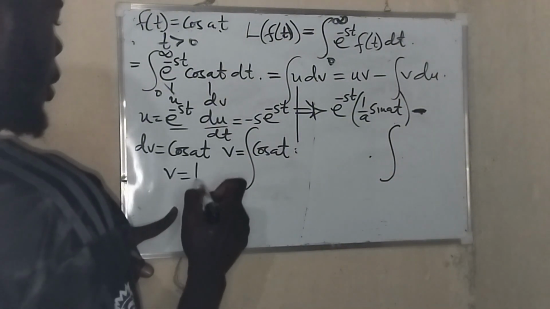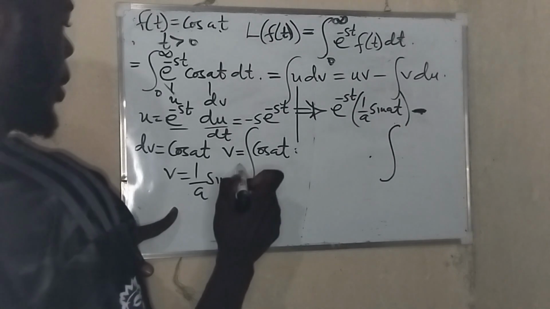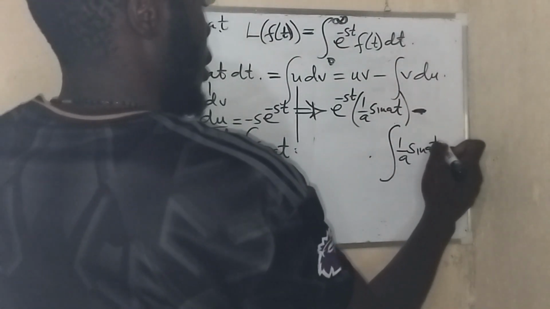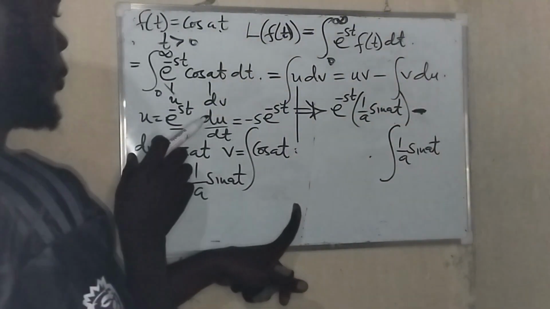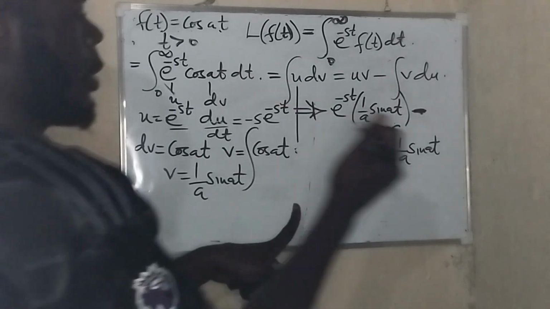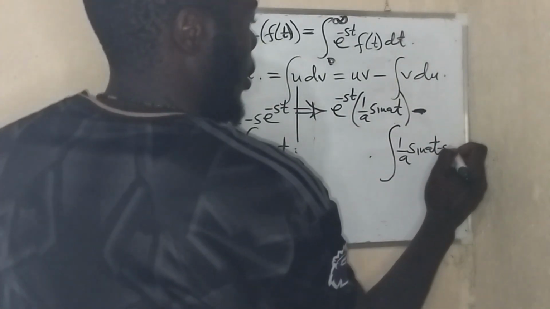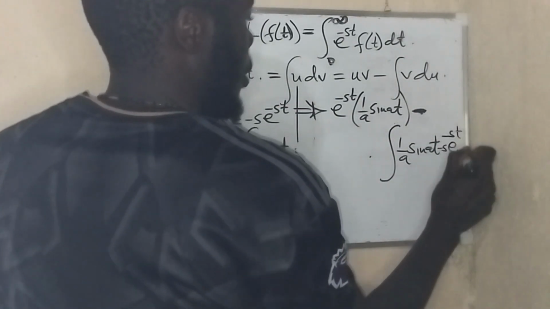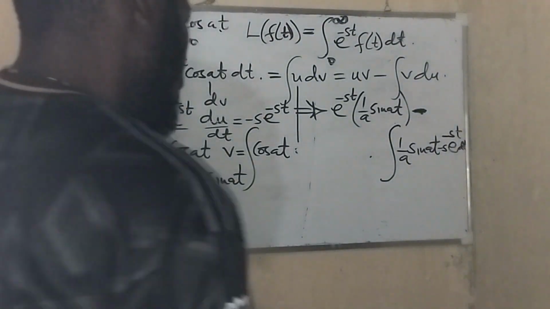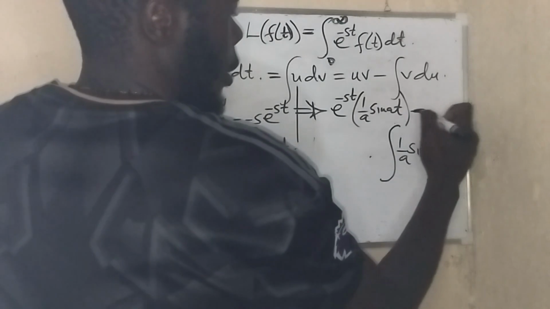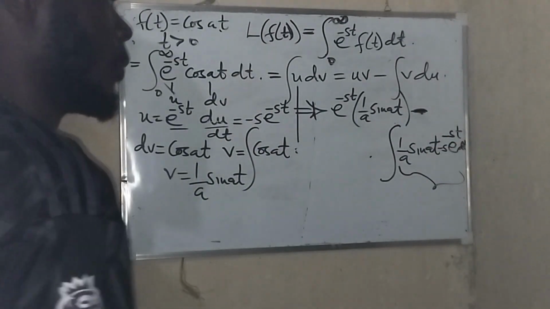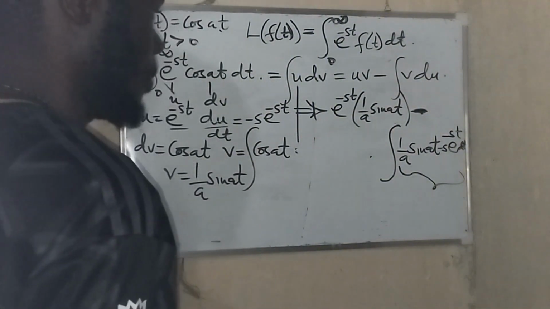V we got as 1 over a sine at. Then your du, if you make du the subject, it will be negative s exponential negative st, and you have dt. So you realize that this part, you need to integrate by parts again.